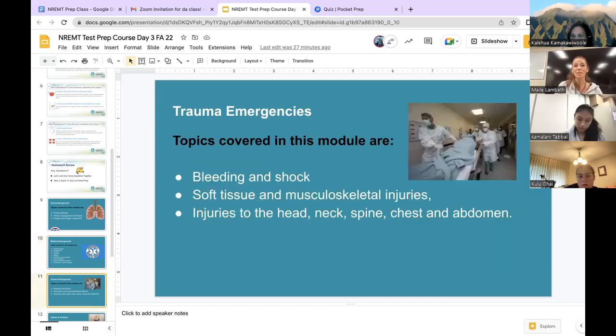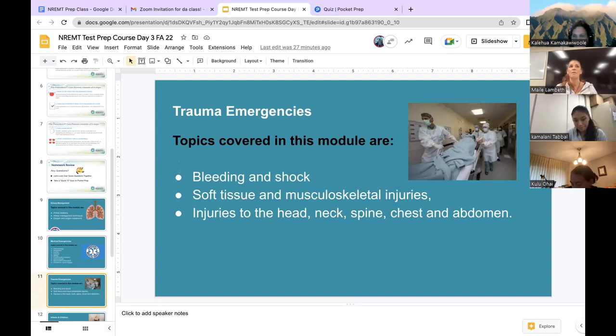Okay, trauma. So bleeding and shock. A lot of the scenarios I've noticed are going to give you shocky symptoms, and one of the key things to look for is the skin signs. So what are skin signs for a shocky patient?